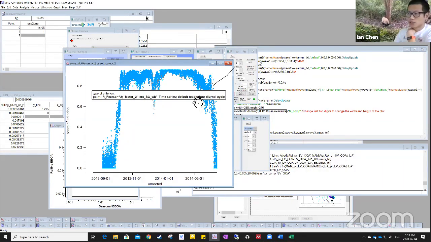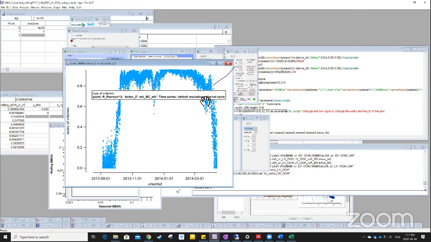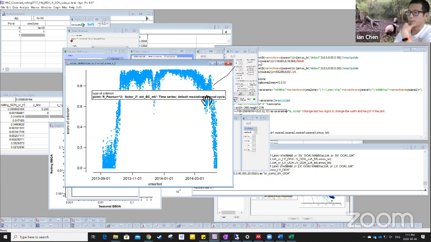I just let you know of a potential change for this threshold. But it's still worthwhile to explore the seasonal PMF, because it's crucial to determine the number of factors.